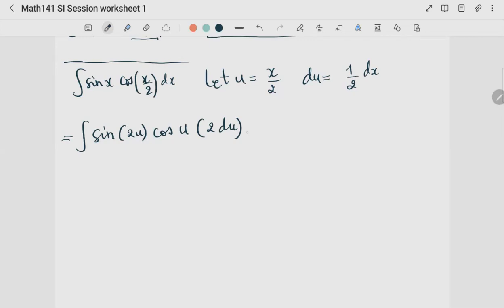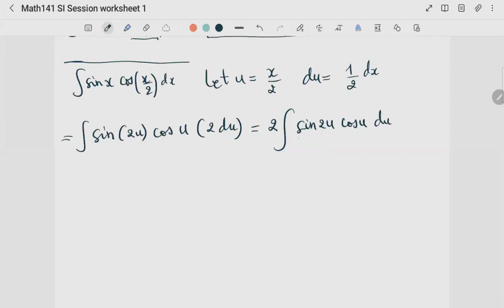If you simplify, this is equal to 2 multiplied by the integral of sine 2u cos u du.